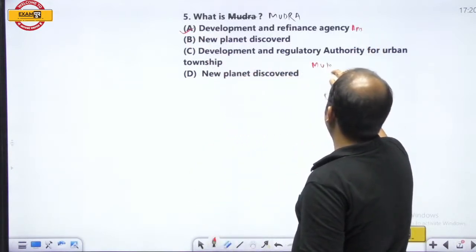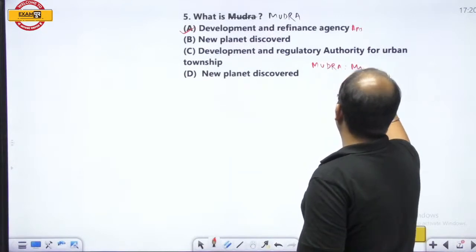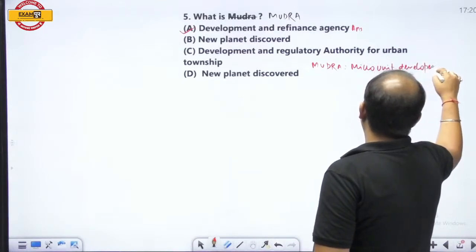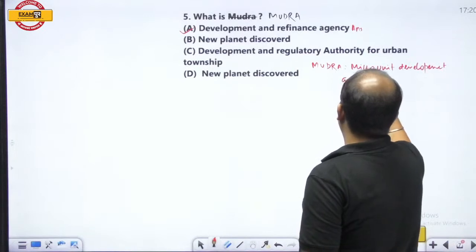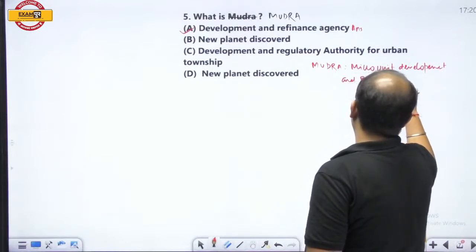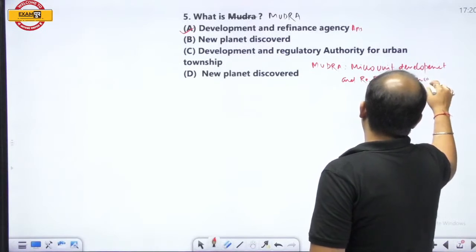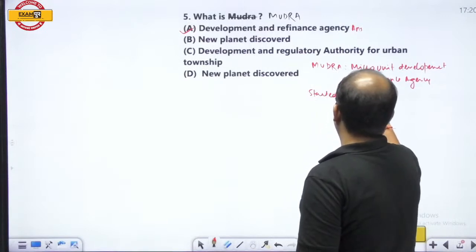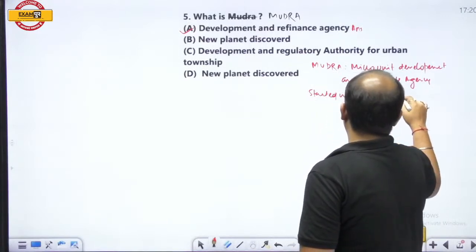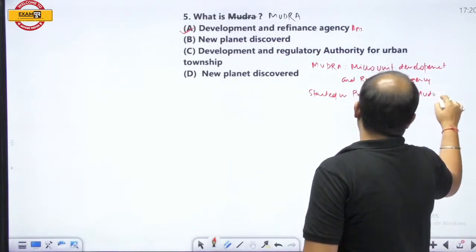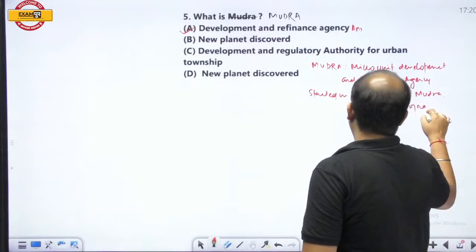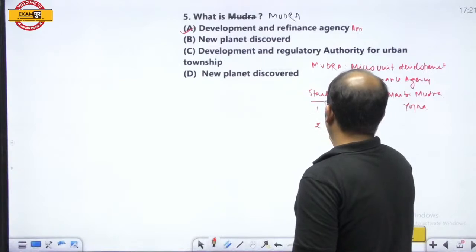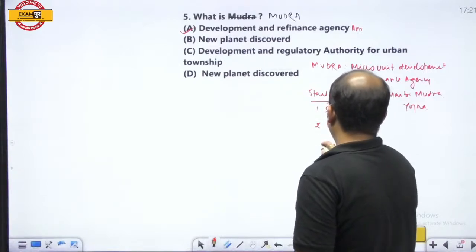Because the MUDRA full form is Micro Units Development and Refinance Agency, that was started under Pradhan Mantri Mudra Yojana, and it works with three schemes: Shishu, Kishore, Tarun.